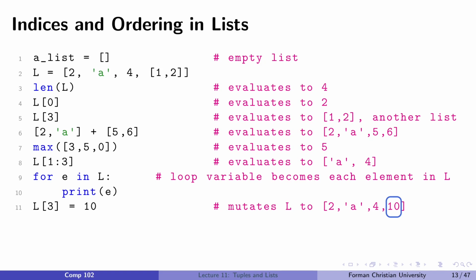If you want to change the item that's at index number 3, you just say L, square brackets, and put the index number that you want to change. And then you assign it the value that you want to change it with. For example, in this case, we want to update it with 10, and that actually works. It changes the list. So you can see the blue box here, and that basically highlights the mutation.